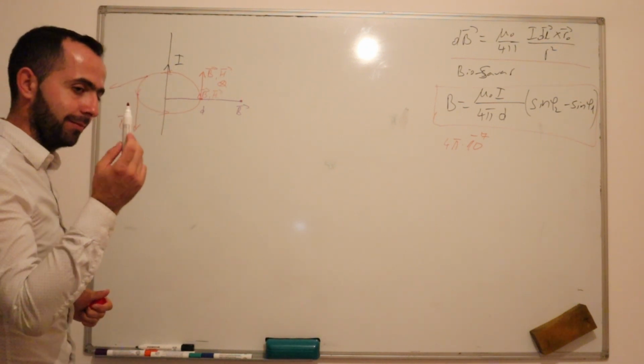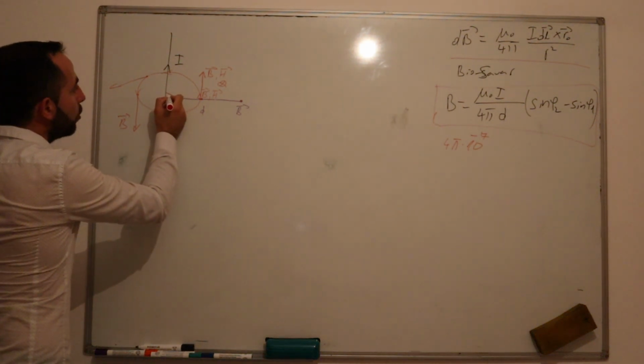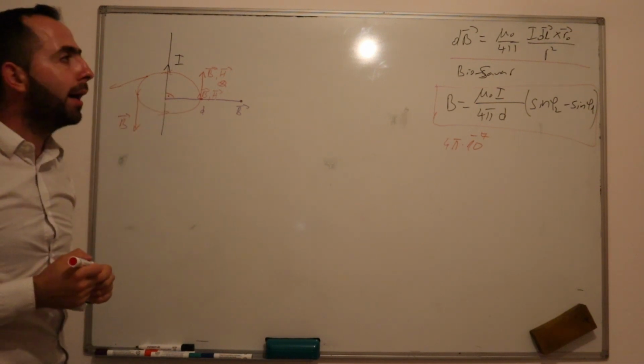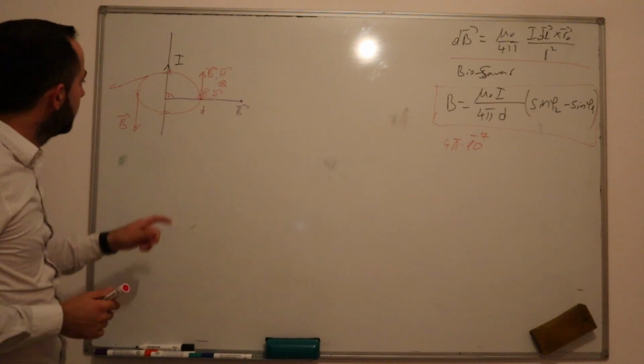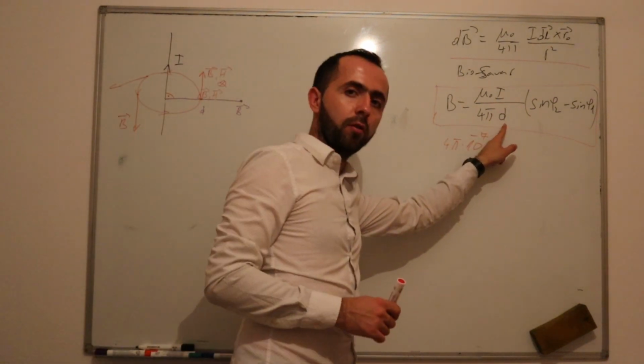But is it any distance? No, it is a normal. This distance must be normal to the conductor. And this is the distance d in the formula.